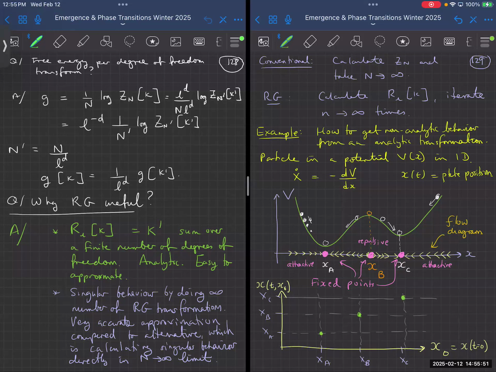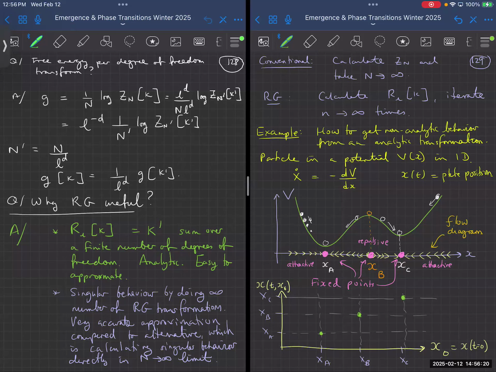So we know that those are fixed points. They don't transform. If it started slightly to the right of xa, then it would go to a slightly smaller value than it would have done if it had stayed the same.